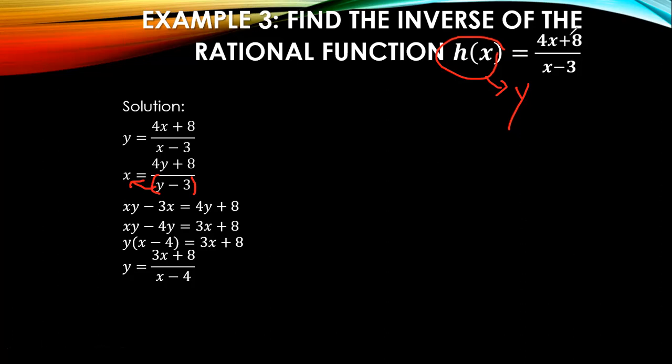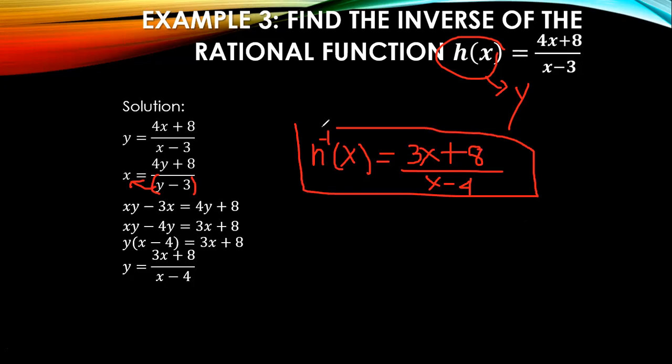So, ang inverse ng ating function h of x is ganito isulat. H raised to negative 1, x is equal to 3x plus 8 all over x minus 4. Okay, that will be the final answer.